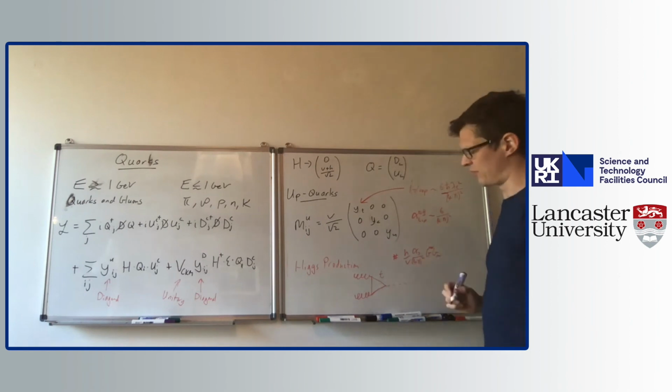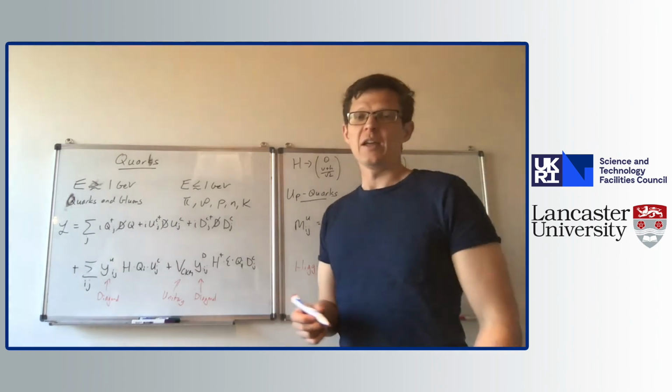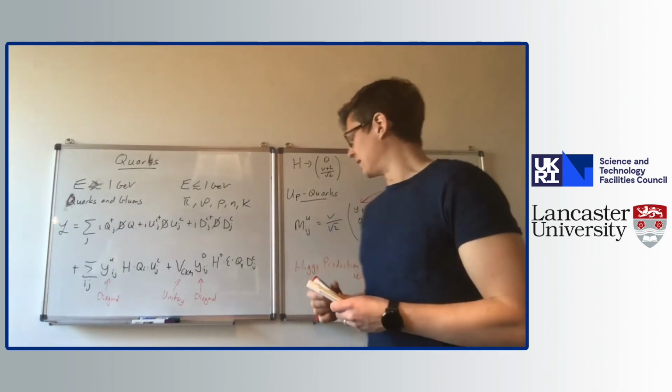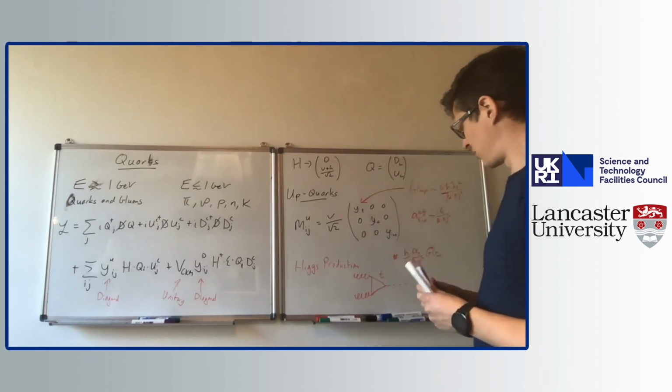You get an operator like this, and that's actually by far the dominant production mode of a Higgs boson at the LHC. So the top coupling to the Higgs is super important.